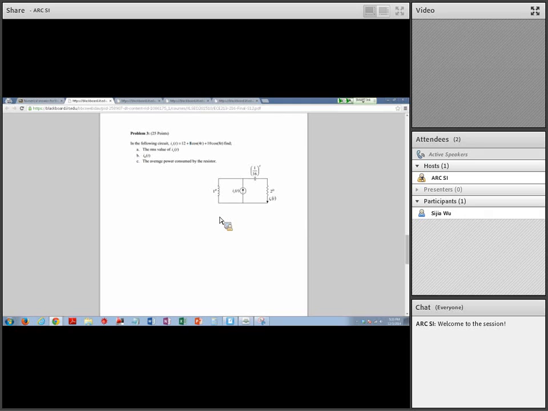Which resistor? This one. Oh, there's only one. That's I squared R. Seems too easy.